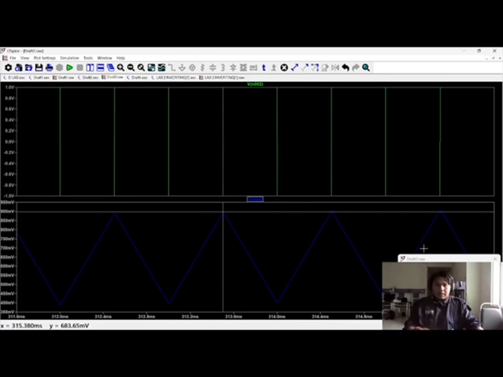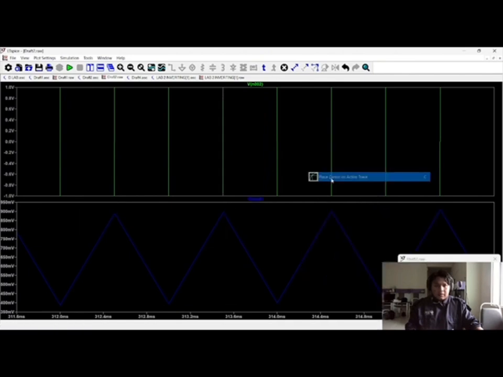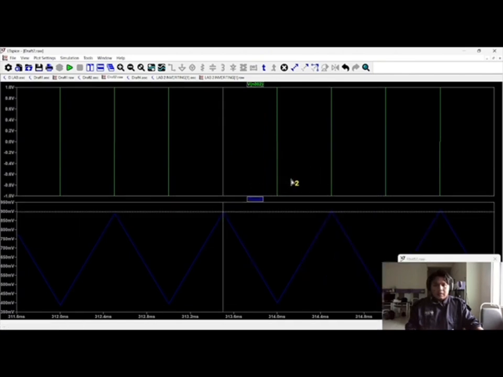And for the V in, we get -1. That is it for the integrator circuit.